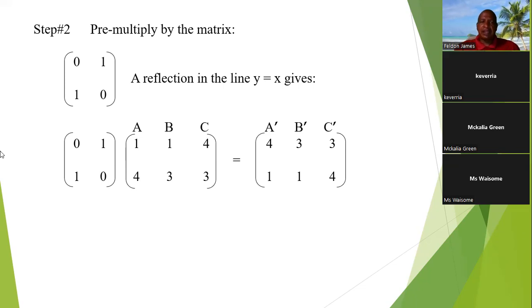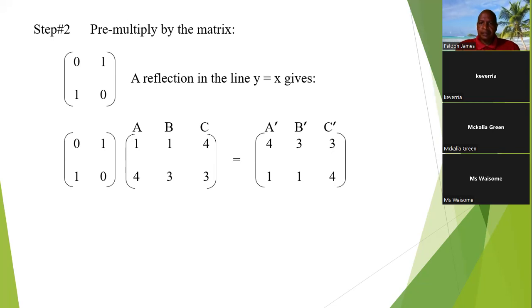So this is the effect when you change the ones on the diagonal to 0: it will interchange the x and y values. So what used to be the y will now become the x, and what was the x now becomes the y. Is that clear to everyone?